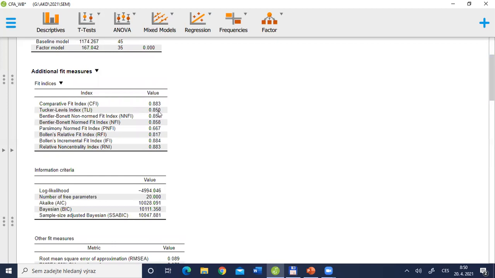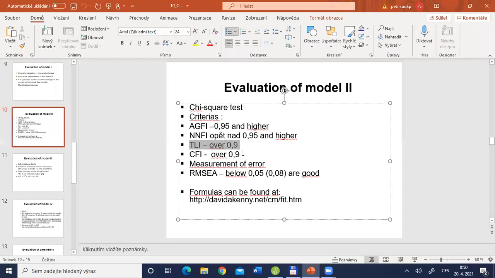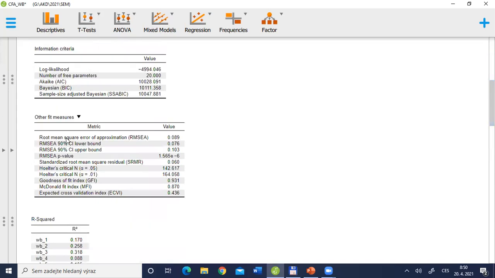Once again, if I go back to my presentation, 0.9 is the recommended threshold. So at least CFI and TLI do not follow these recommended thresholds. And also RMSEA below 0.08 is usually a very common recommendation, and once again it is slightly above this threshold.